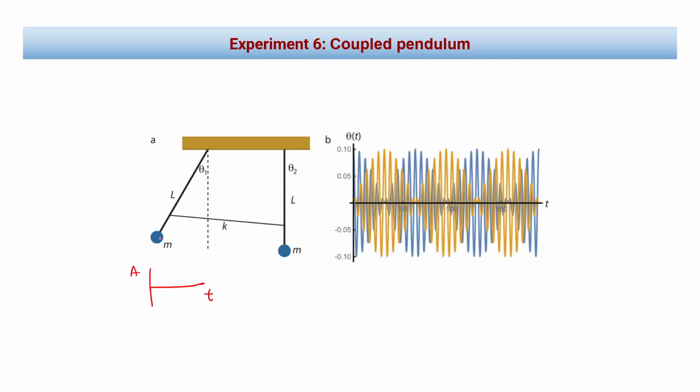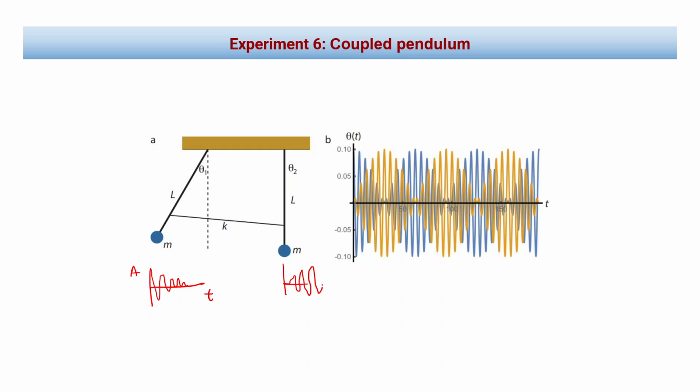Initially I take it away from its equilibrium position, so its displacement is some maximum value. After that it will decrease, and because of damping also it may decrease, but this is what happens. Initially this was at 0, after some time it will start increasing.